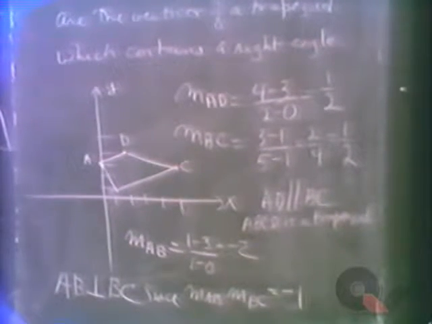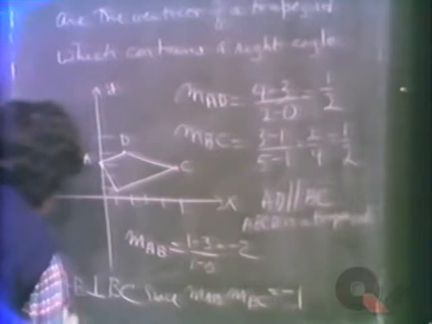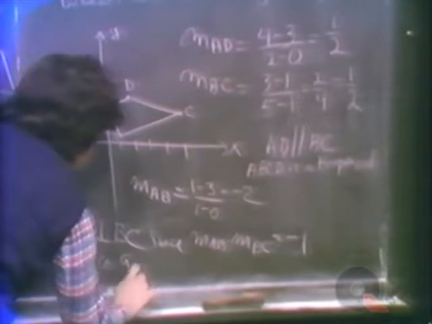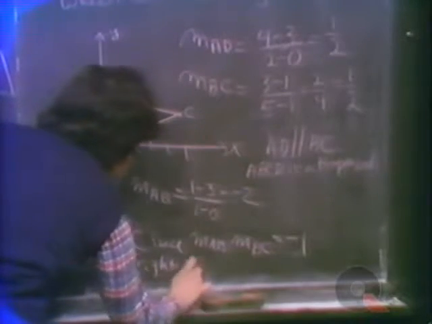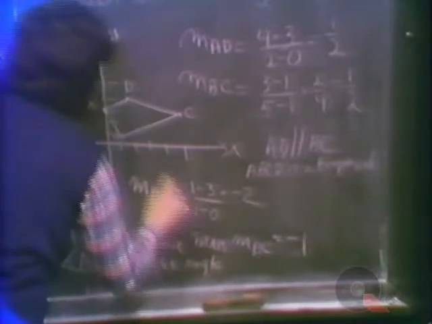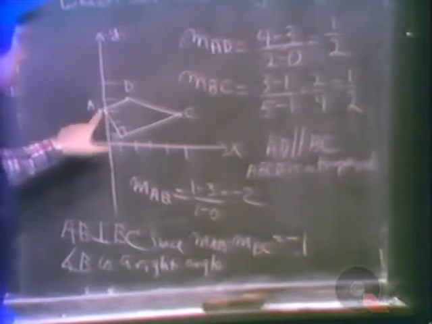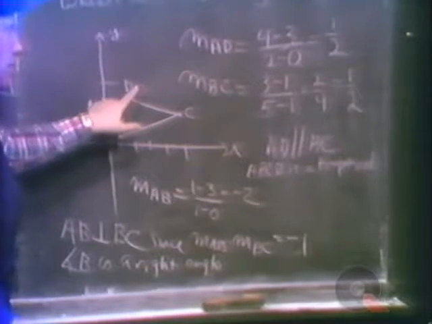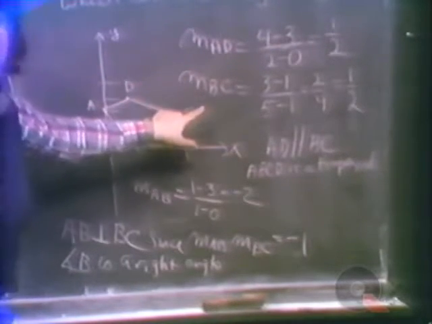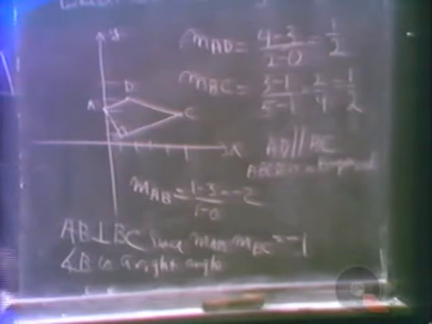So that means that angle B is a right angle. So we do have a right angle here. By the way, AB is also perpendicular to AD. Since AD and BC are parallel, they have the same slope, so you could have also shown that. We've also shown that angle A is a right angle. So we've shown it's a trapezoid which contains a right angle.